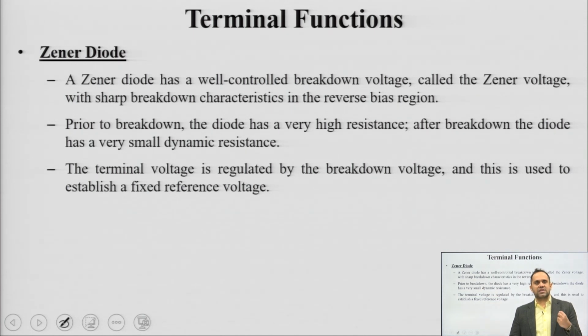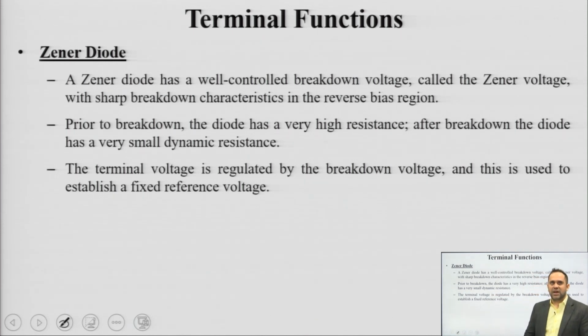Ideally, the resistance of a Zener diode after breakdown is going to be 0. Ideally, the resistance before breakdown is going to be infinite. Practically, the change in reverse resistance of a Zener diode before and after breakdown is very distinct. Very high resistance before breakdown, very low resistance after breakdown.